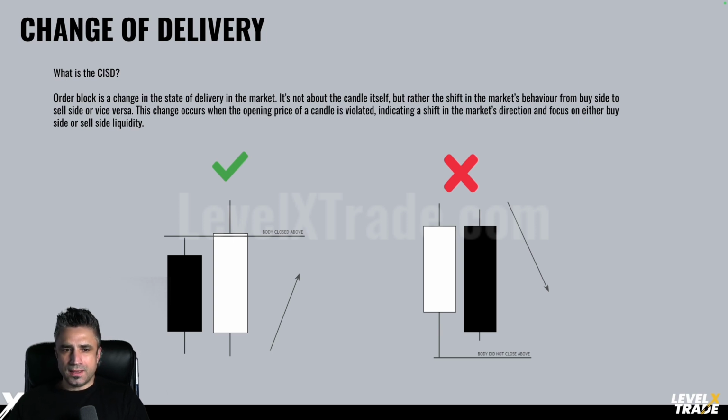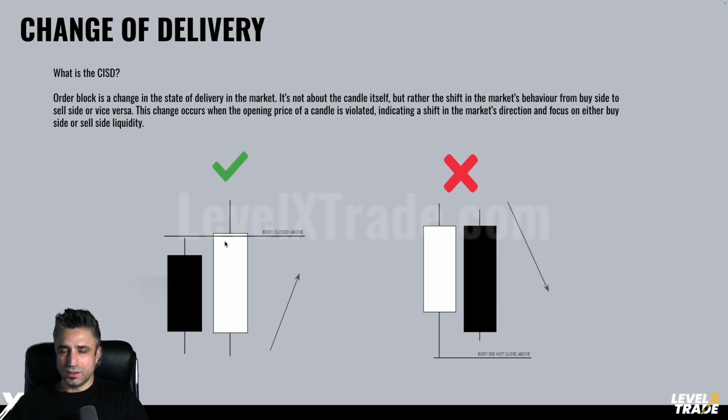So basically the market is going in one direction and all of a sudden is interrupted by a change in the state of delivery, which means there's this candle, which is a down candle right here, and then the up candle is the candle that causes the change in state of delivery by breaking the top of the previous candle with the body.